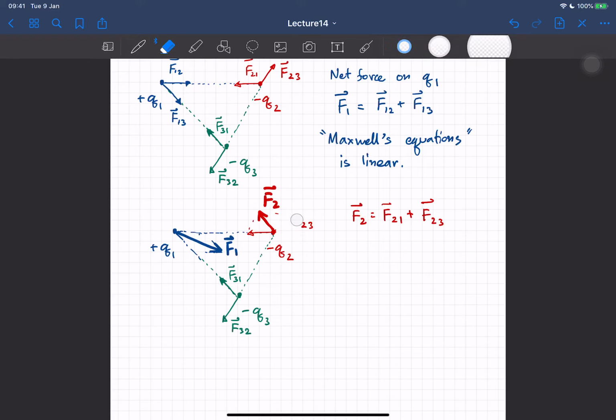And then I'm going to erase this force. Again, if you want to see where it comes from, look at the top diagram. And then F3 is the same thing. F3 is F31 plus F32. So F3 is pointing in this direction here. Again, a vector sum of F31 and F32. And then I erase this.